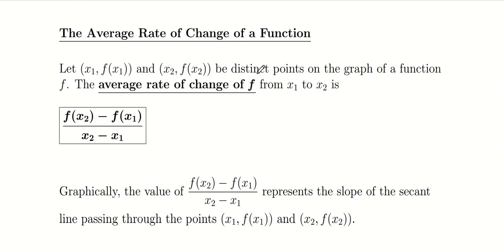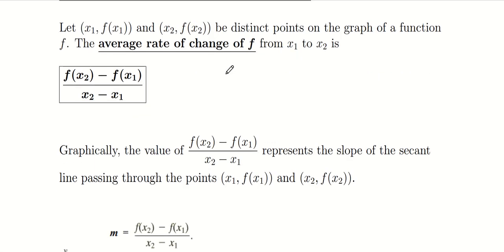The last topic we're going to talk about in this section is what's referred to as the average rate of change of a function. Let's suppose we have 2 points on the graph of f. Let's say x1, f of x1 and x2, f of x2. The average rate of change of f from x1 to x2 is given by the formula f of x2 minus f of x1 divided by x2 minus x1.